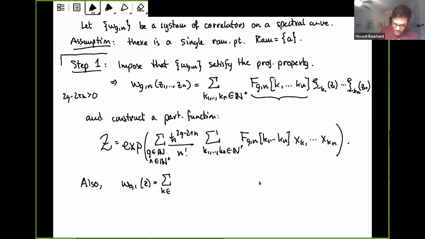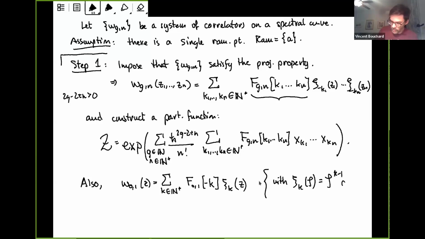So here you can define the F01, but now there will be positive Xi's. So I did not define these positive Xi's before, but the way they're defined is they're just defined locally near the ramification point, just as powers of the local coordinate. So that's only defined locally.